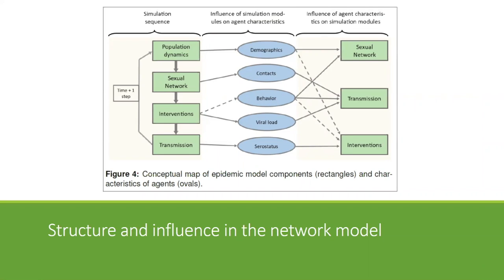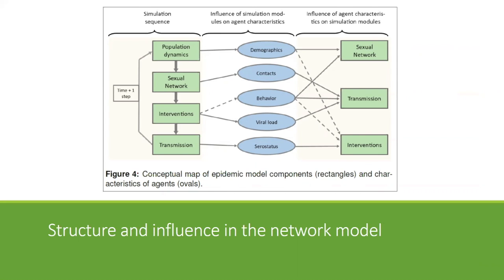I mentioned complexity. So this is something that I put together to visualize what goes on in one of these models. This is the basic outline of how one of these simulations goes. So we have a population, it ages, people enter it, people leave it, that kind of stuff. We update the contact network.